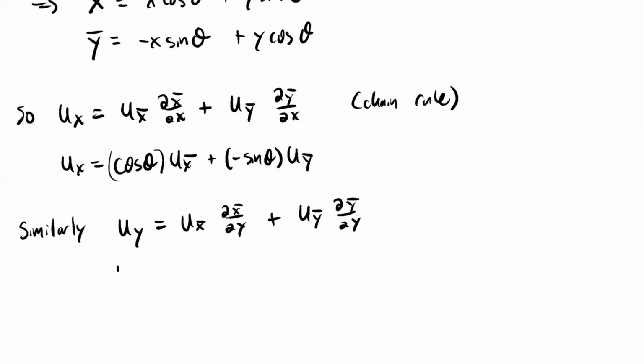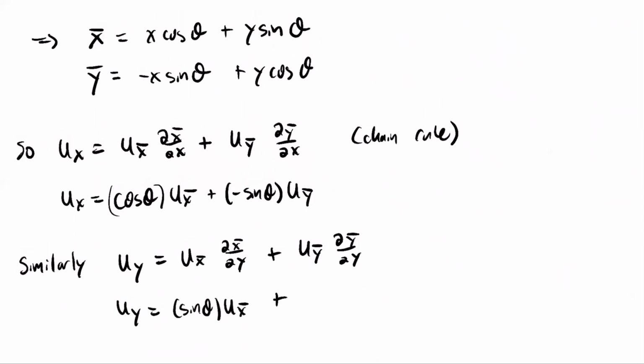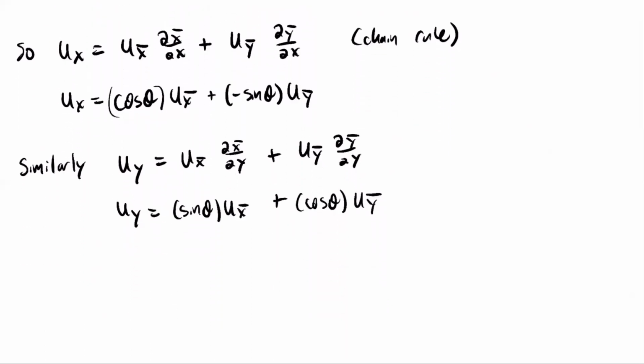And so this tells me that the derivative with respect to y is equal to, well, what is dx bar dy? That's sine theta. So sine theta u_x bar, plus, what is dy bar dy? That's cosine theta u_y bar. And so now we know what the first derivatives with respect to x and y are in terms of x bar and y bar. And in particular, we have the following formulas.